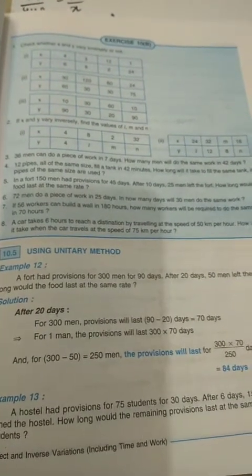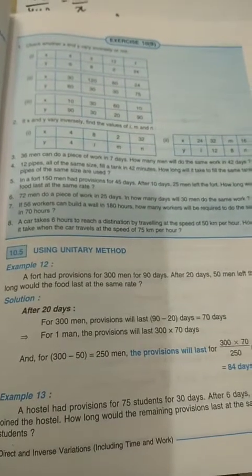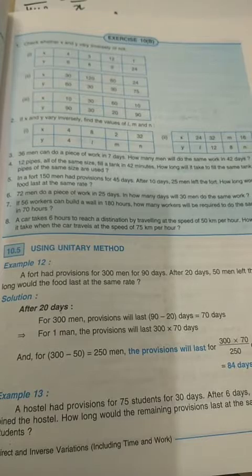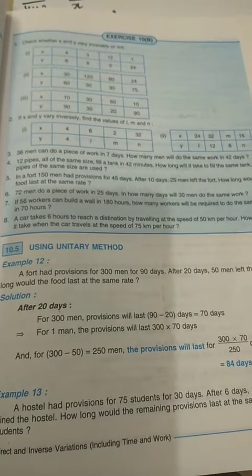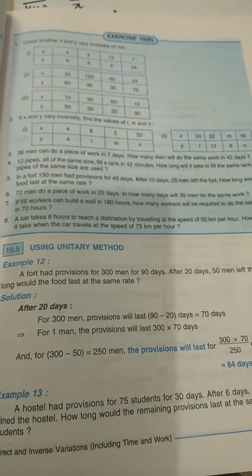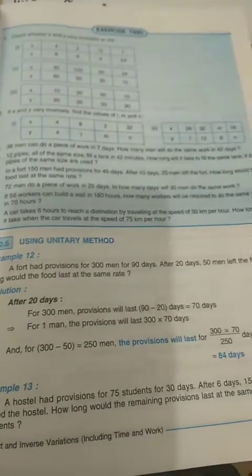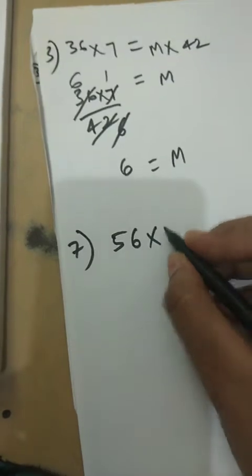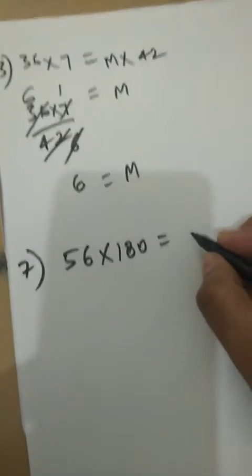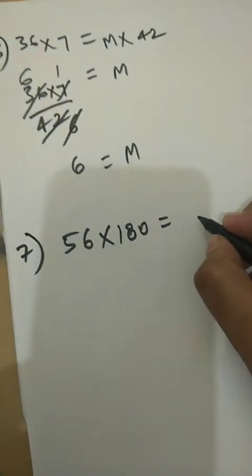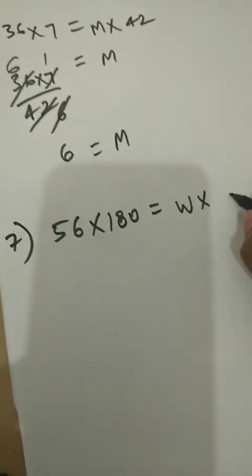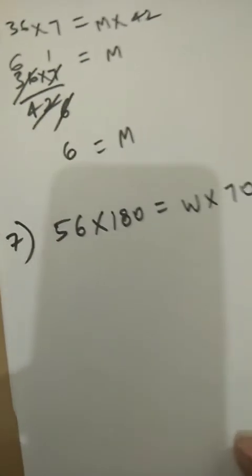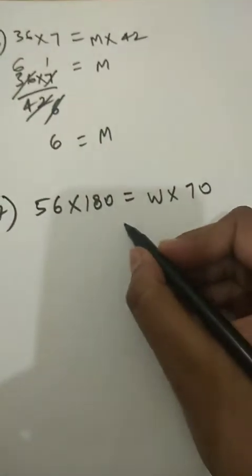So this is question number 7. 56 workers can do a work in 180 hours. So how many workers are they asking? You can keep it as W, and will do the same work in 70 hours. So this way you can do.